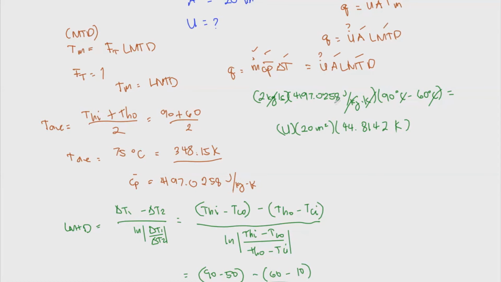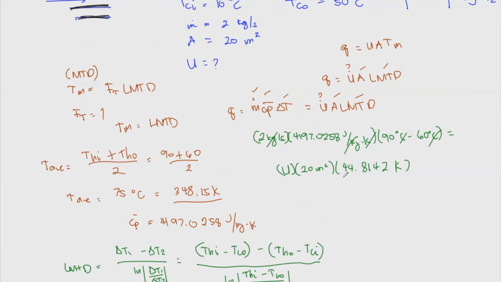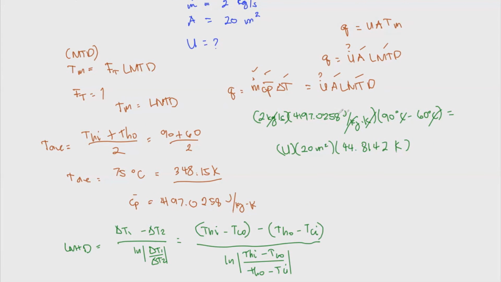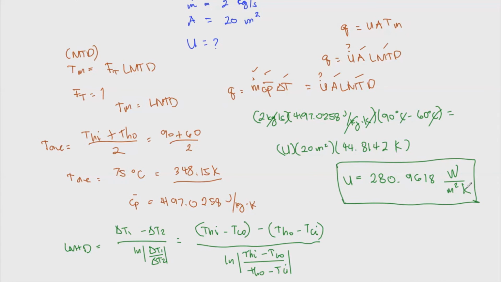So, diba knowing na joule is actually Newton meter, so we'll be left out with the unit for U for this case. And then, this joule per second would give us the value which is in watts. So we have U is equal to 280.9618. That's watts per meter squared. And then we have Kelvin. So this is our final answer for this problem.